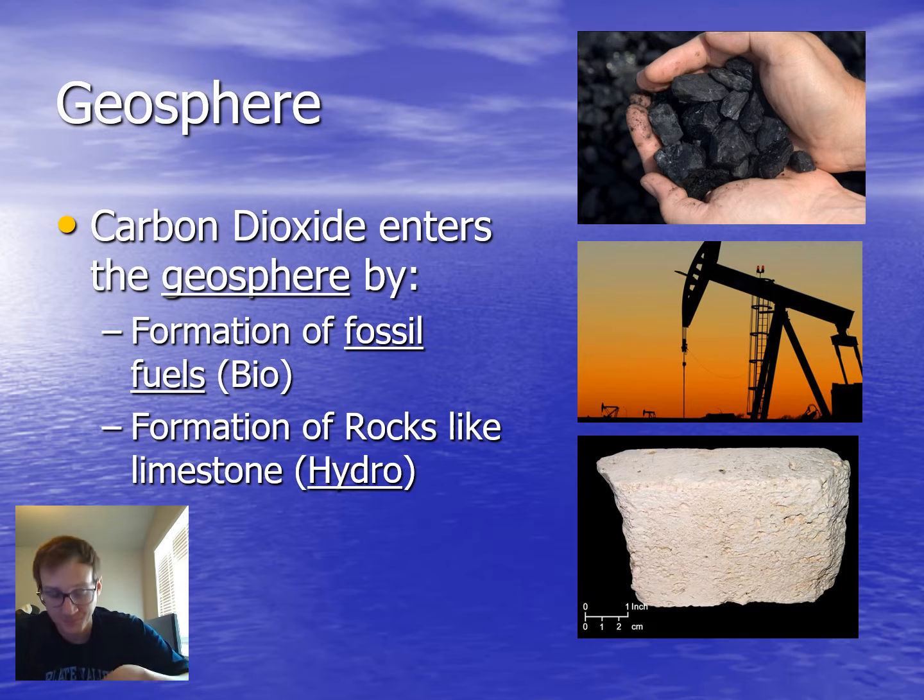Remember that water dissolves limestone, creating caves and all that stuff, and that's a chemical reaction, dissolution, chemical weathering that we talked about earlier. So that's another way that the carbon enters the geosphere, through the channel of rivers or water in that sense.